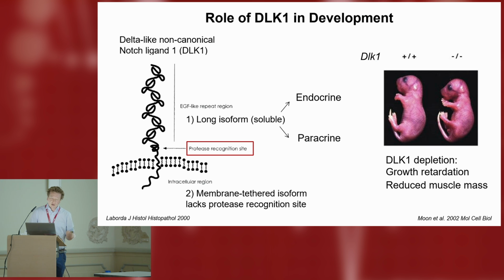DLK1 is a transmembrane protein, so it has a shorter cytoplasmic part and a larger extracellular part. It also has a protease recognition site where it can be cleaved to release a soluble isoform of that protein. So it can have paracrine effects, but also endocrine effects.